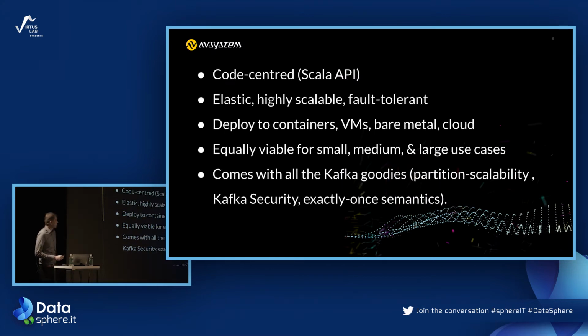It is code-centered. It has a Scala API, actually, not only a Java API. And all the buzzwords are included. So it's highly scalable, it's fault-tolerant. It comes with all of the Kafka goodies, right? It is scalable with the Kafka partitions. It includes Kafka security and exactly-once semantics.